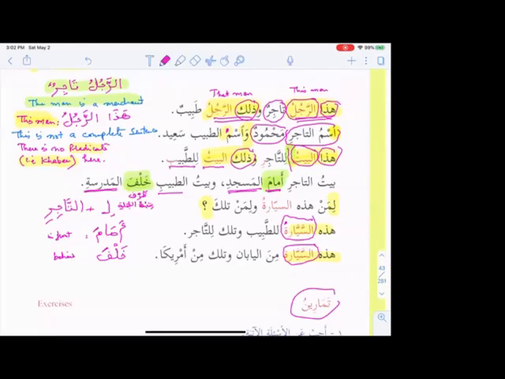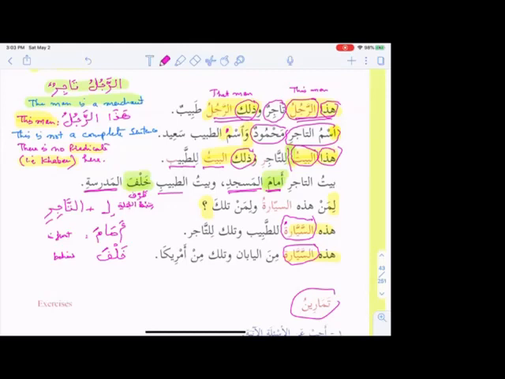هذه السيارة, okay, mashallah, I can understand. What is هذه? مبتدأ. What is السيارة? What will you call it? Because it has come after a demonstrative pronoun, and it is a definite noun. Anything that comes after a demonstrative pronoun, a definite noun, that definite noun is the badal for the pronoun.